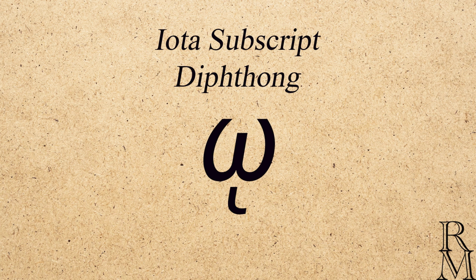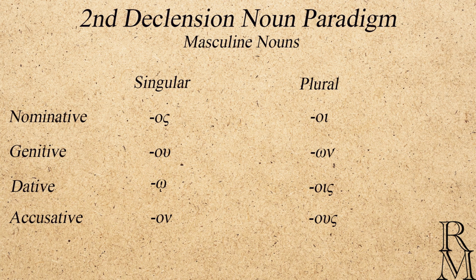So it's going to look almost just like a little accent or something underneath that particular declension, the dative singular of your masculine nouns. And actually you'll see the exact same in your neuter. But it's the omega with the iota subscript. Your accusative singular is going to be omicron nu.